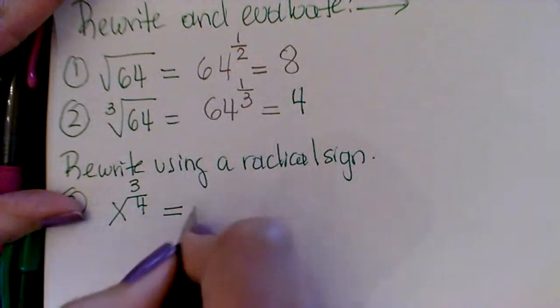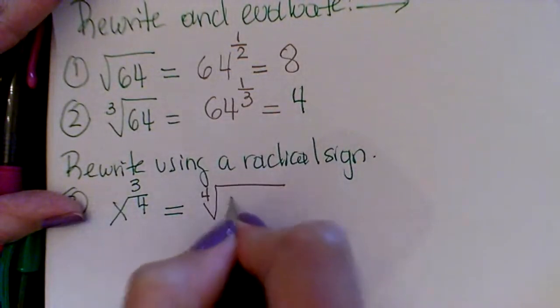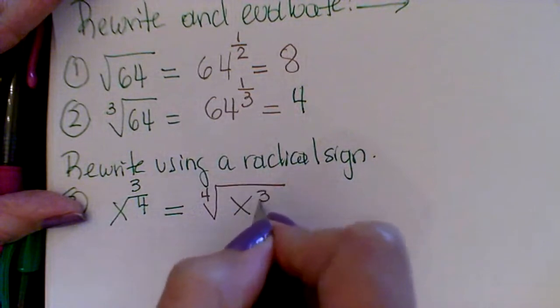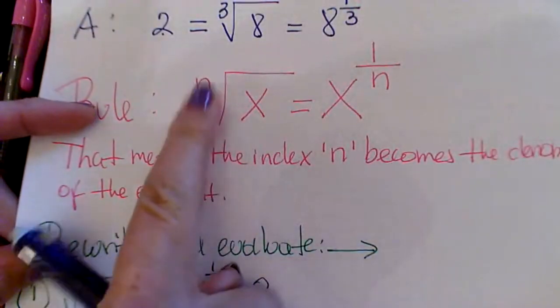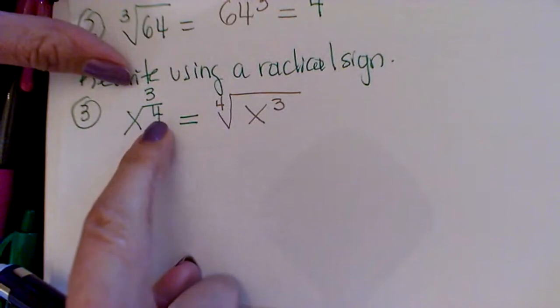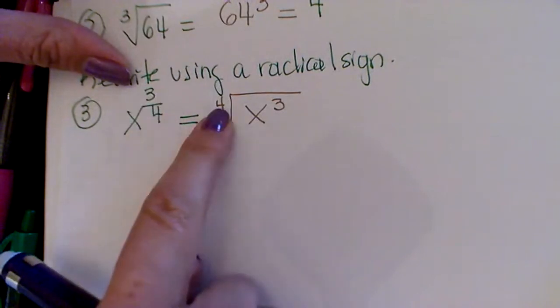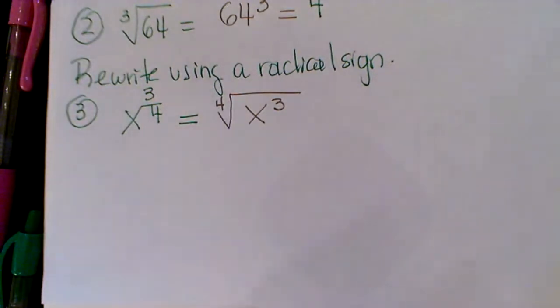What did I say that denominator is? It was the index, right? So here's the index, x to the third power. Remember, we said that the index, n in this case, becomes the denominator of this exponent. The index is the denominator.